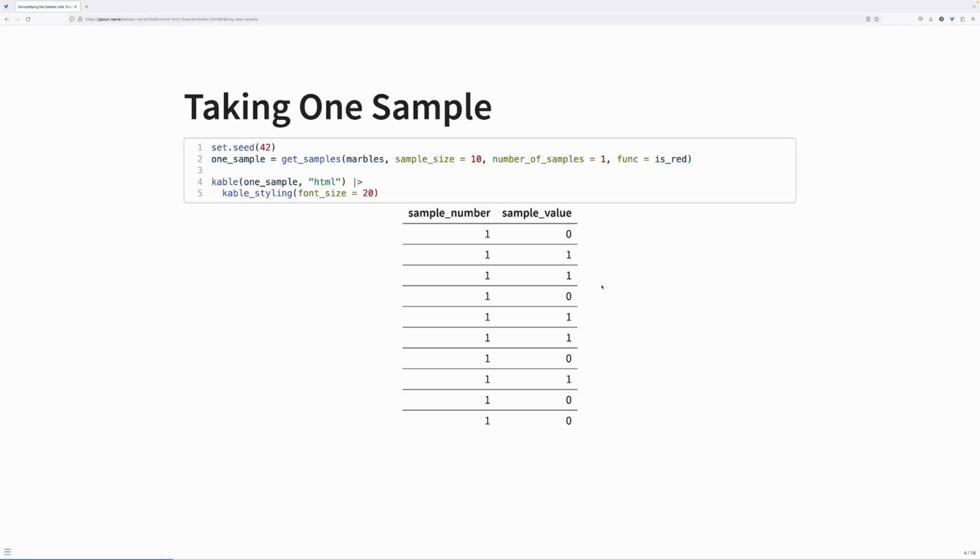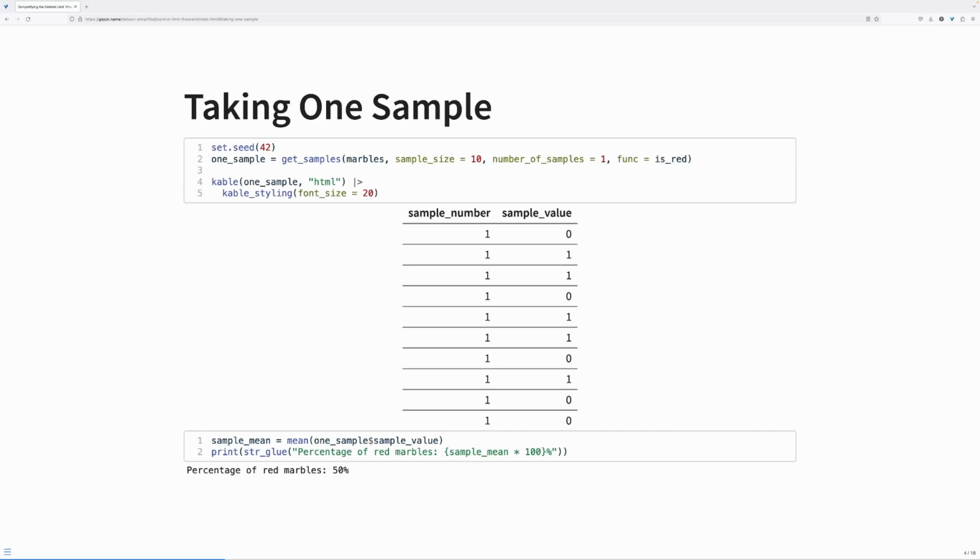Tallying it up, we have 50% red marbles. So if this sample were a perfect mini version of the whole bag, we'd estimate that 50% of all marbles in the bag are red.